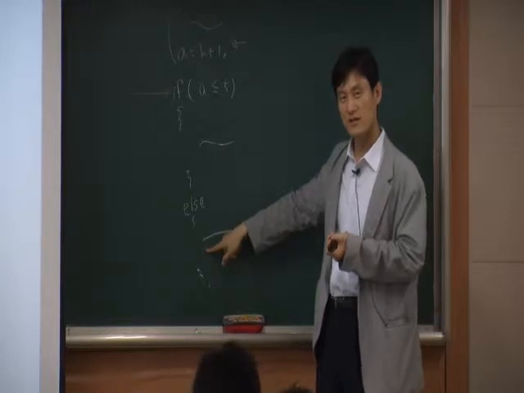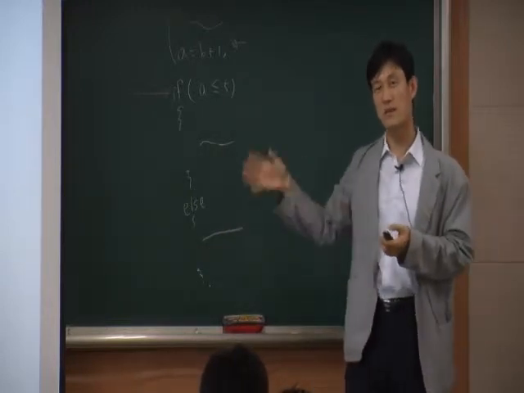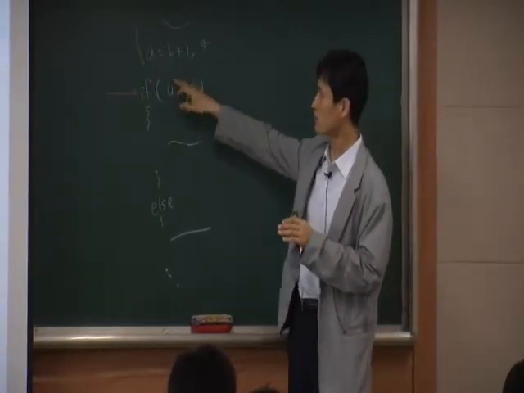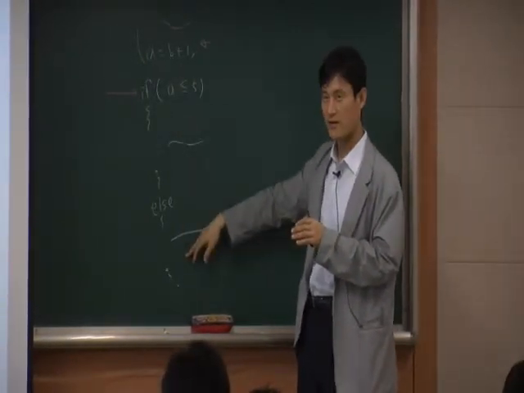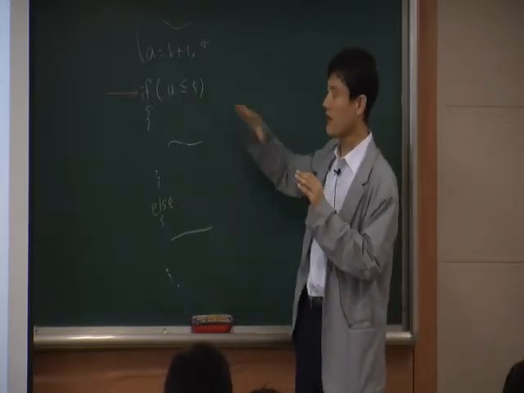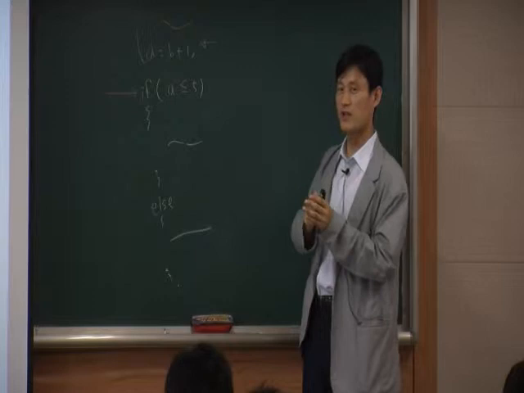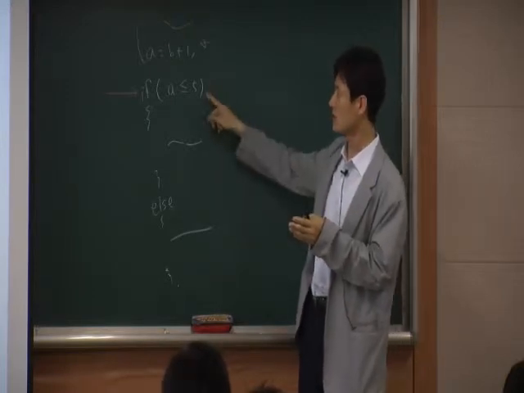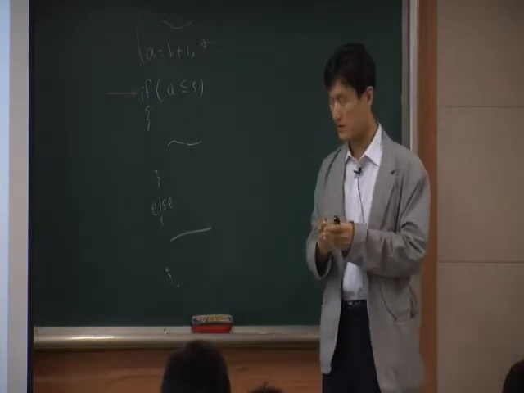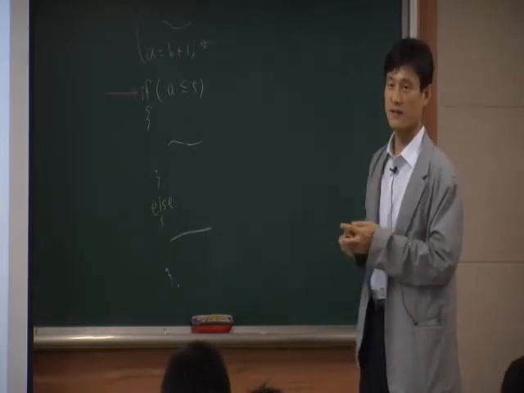So when you compile, you never know whether you're going to jump to here or there. Only after you run it, depending on whether you push the button or not, you come here or there. So the compiler never knows.